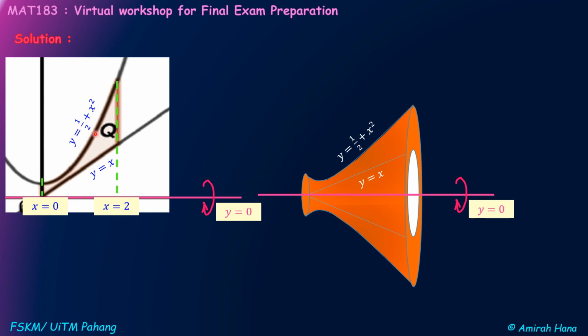Since we want to find the volume using washer method, so we need to identify which function as outer and which function as inner, alright? So from the original shaded region here, this line is inner, okay? And this curve is outer, right?